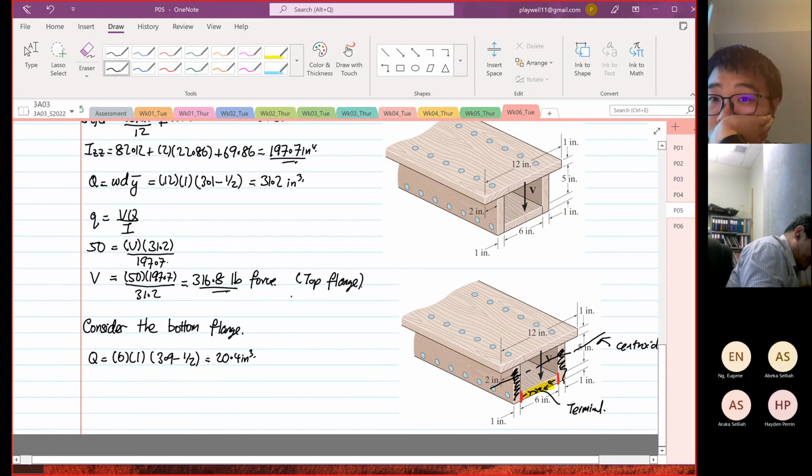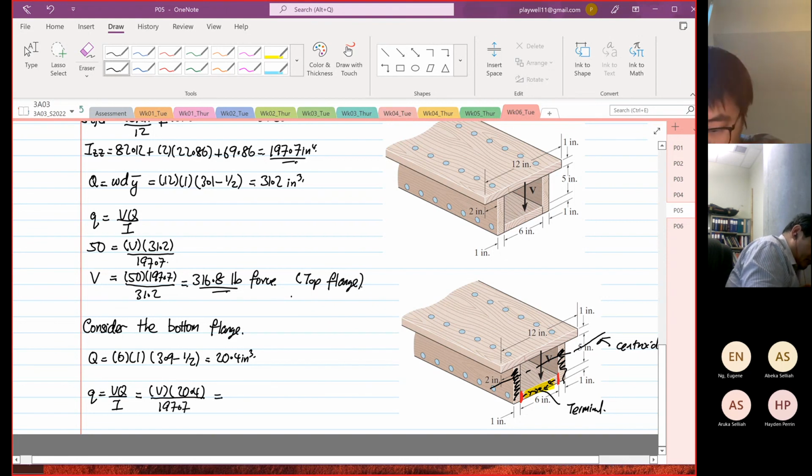So the same formula will apply. I'll write down the formula, okay? So tau 50 is equal to VQ over I. Don't rush, because I have 2 more examples to show you. So V is what we want to find. Q is equal to 20.4. I is equal to 197.7.